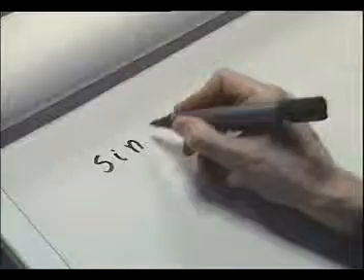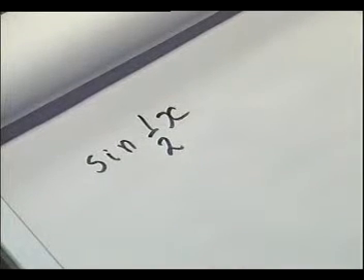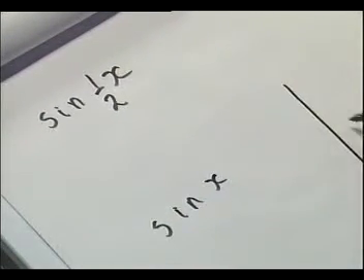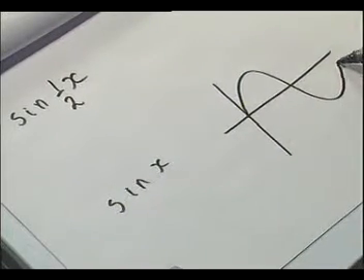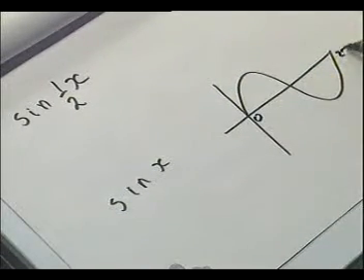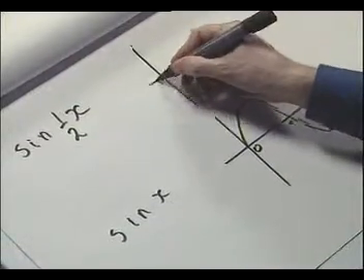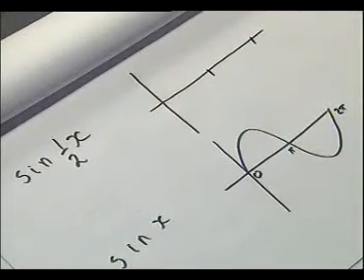What if I take sine of a half of x? Well, let's do that. Sine of a half of x. I'll do sine of x first, just to give us the picture again. That's our graph between 0 and 2 pi. So what about sine of half of x on the same scale?